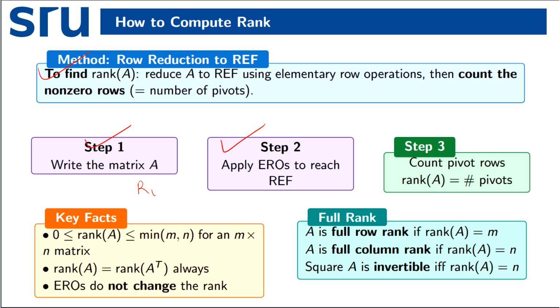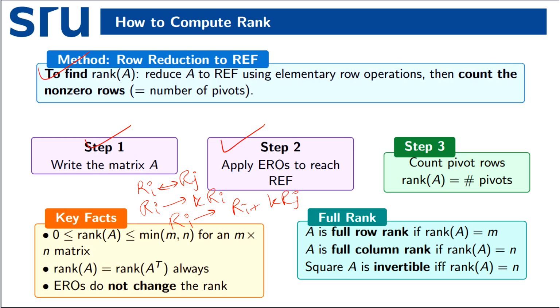First one is Ri interchange with Rj. Second one is Ri changes to k times Ri. And third one is Ri changes to Ri plus k times Rj. These are three elementary row operations that we use to convert any given matrix into row echelon form.